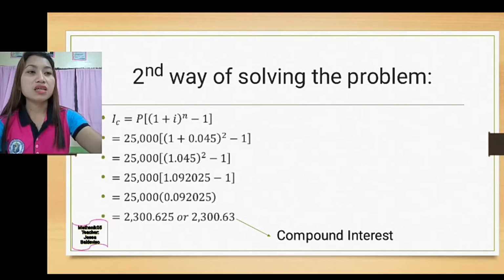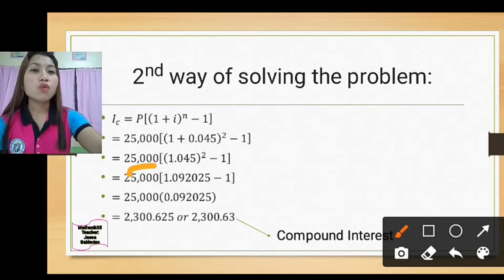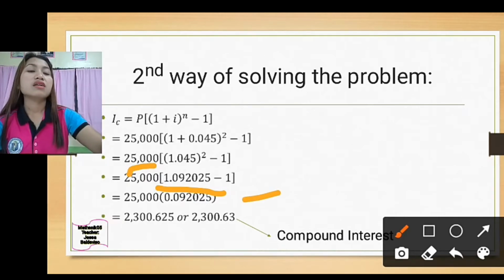And then copy 25,000, then 1 plus 0.045, so 1.045 raised to the exponent of 2 minus 1. So 25,000, when you multiply 1.045, the answer is 1.092025 minus 1.